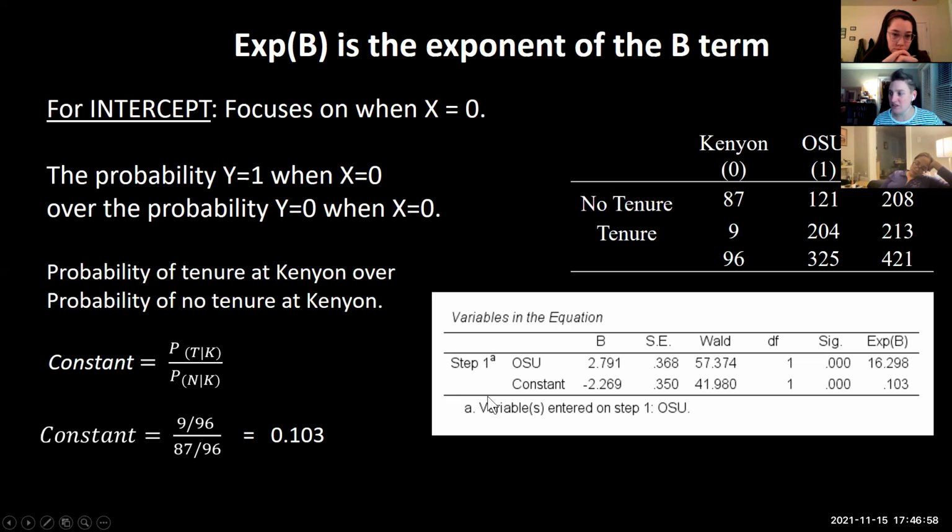So this is only talking about those folks who are at Kenyon College, those folks at our event that have purple name tags on. I have the probability of yes, the event happening over the probability that the event did not happen, both of which are contingent on whether that person has a 0 on the x.